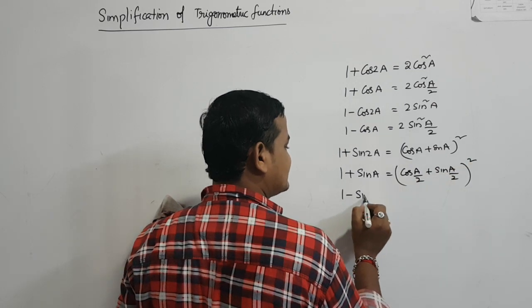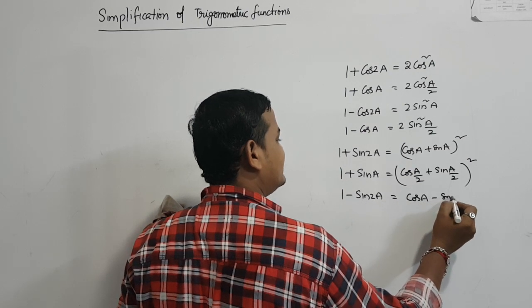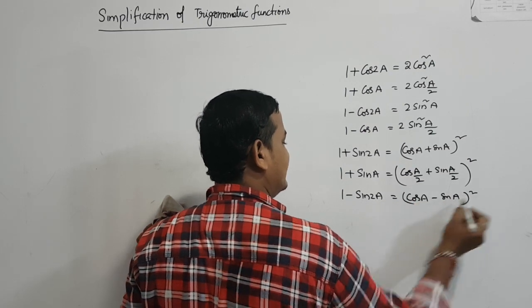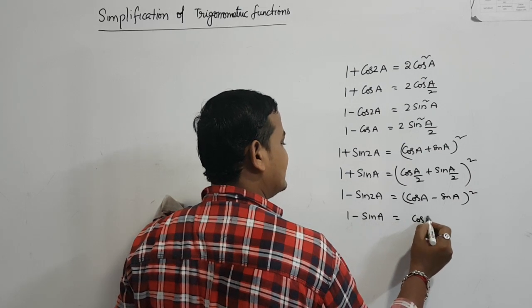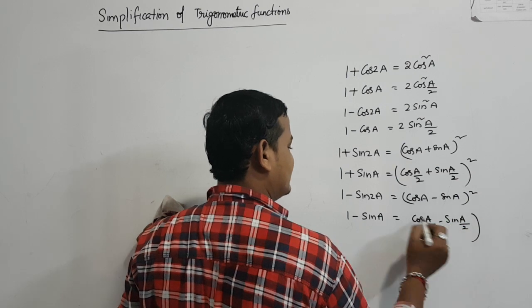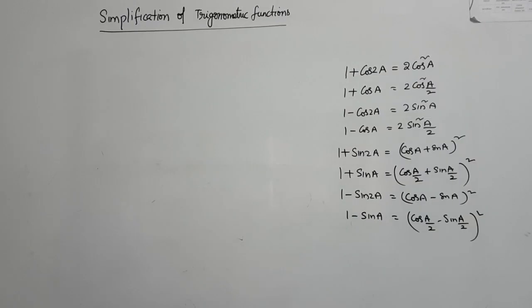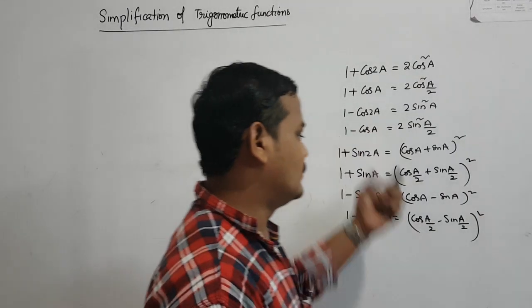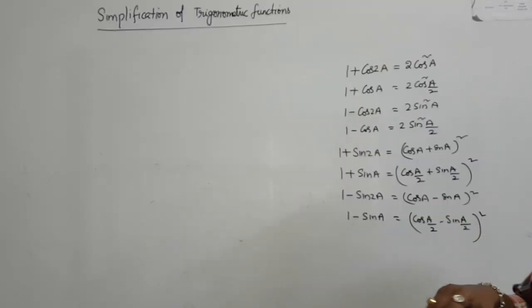Again, 1 minus sin 2A is equal to cos A minus sin A whole square. Again, 1 minus sin A is equal to cos A by 2 minus sin A by 2 whole square. These formulas are used everywhere in simplification. Most of the questions in the class include these formulas.